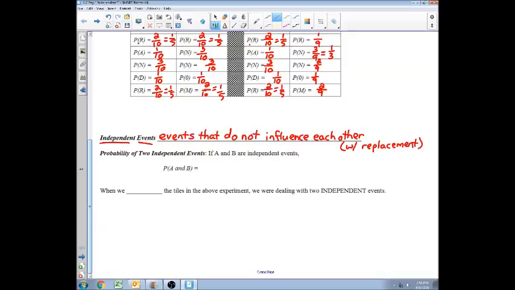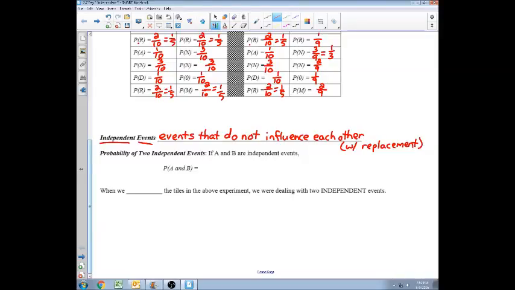In order to figure out the probability of 2 independent events both happening, that would be like having to do the dishes and it's snowing outside. Those have absolutely nothing to do with one another.